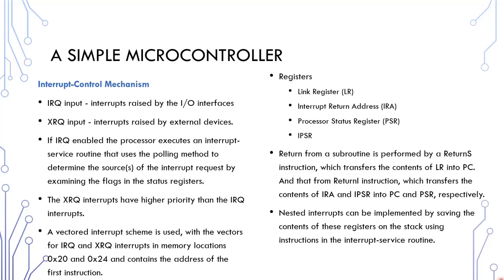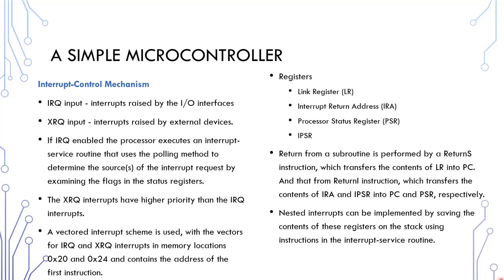If the IRQ input is asserted and interrupts are enabled, the processor executes an interrupt service routine that uses the polling method to determine the source or sources of the interrupt request. This is done by examining the flags in the status registers such as PStat, SStat and CTStat.